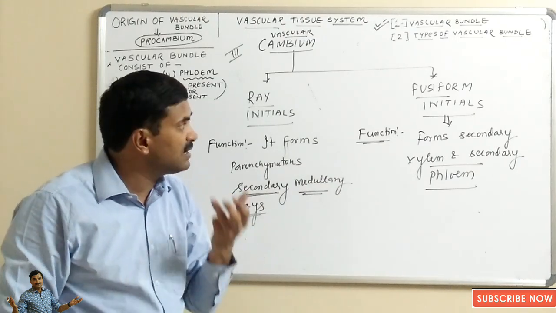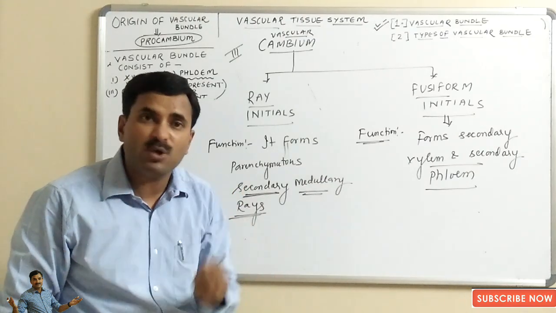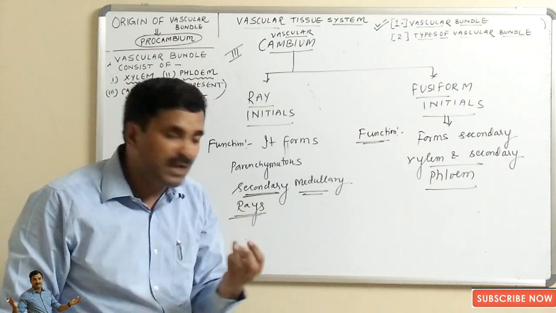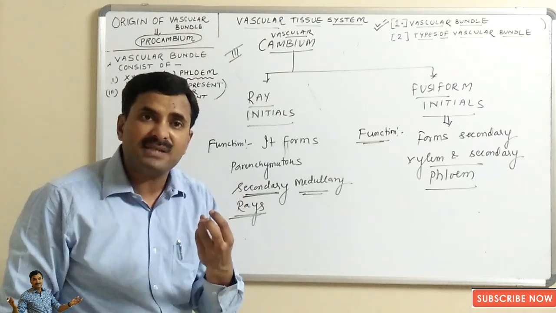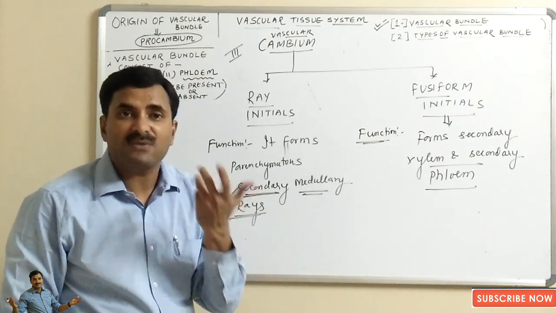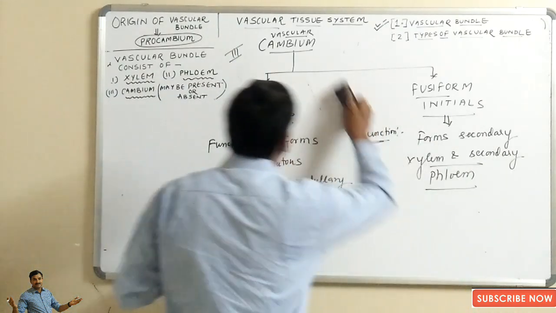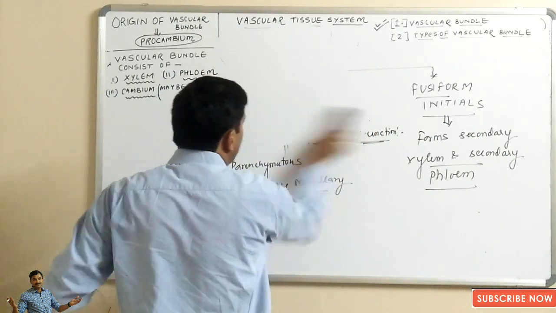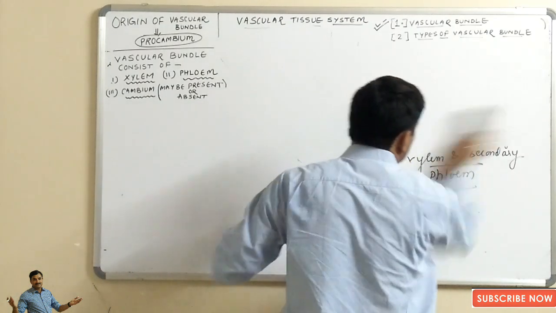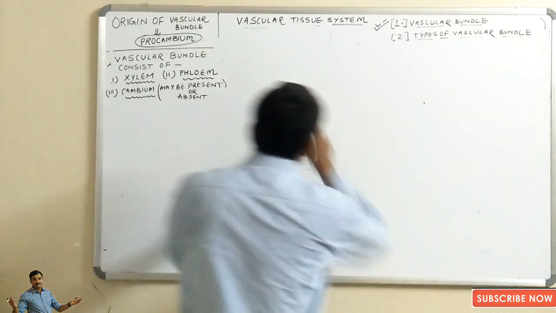But initially in the plants, what happens? Primary growth occurs, and during primary growth the plants have primary xylem as well as primary phloem. Now the question arises: who forms the primary xylem and primary phloem?